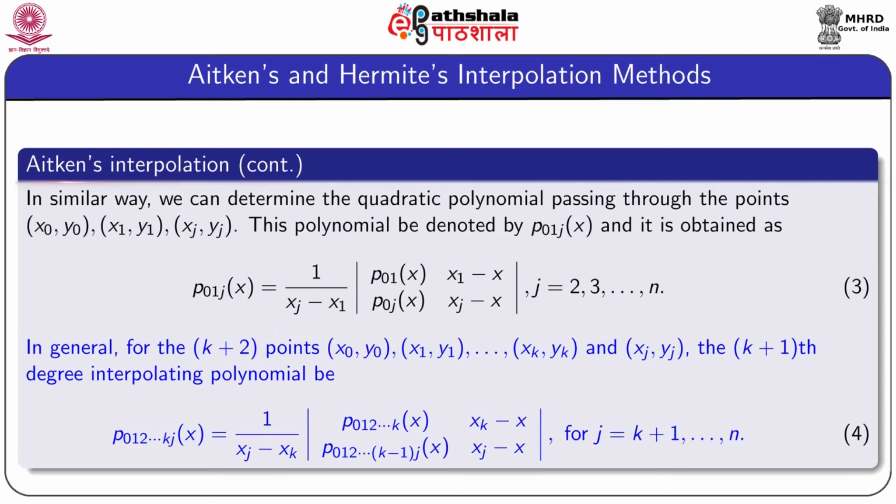The first column contains a polynomial of degree k, denoted by p012...k(x), and another polynomial of degree k, p012...(k minus 1)j(x), and the second column contains xk minus x and xj minus x, and this is true for all j equal to k plus 1 to n.